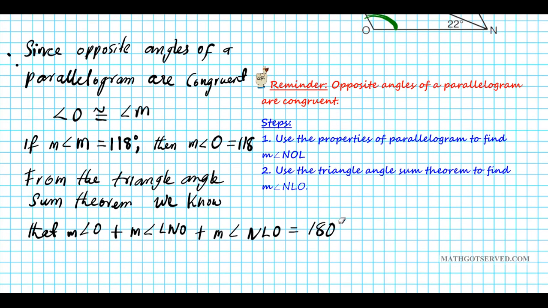Okay? All right. We know that the measure of angle O is 118. 118 plus the measure of angle LNO is 22 degrees. That's given. Plus the measure of angle NLO has to be 180 degrees.